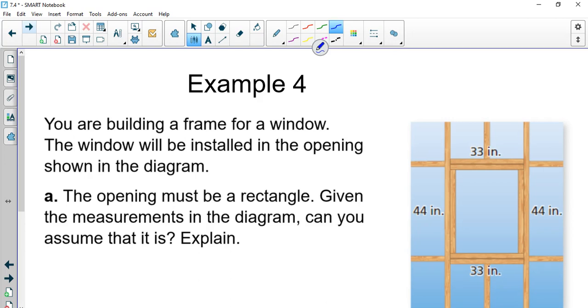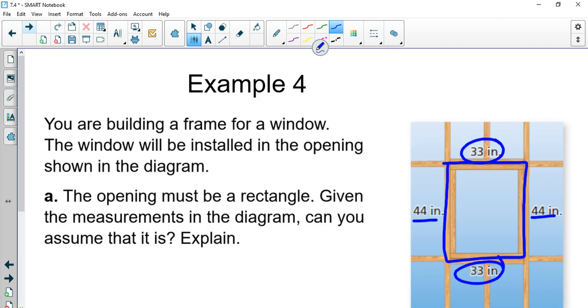You're building a window frame. Is this shape right here a rectangle? Well, let's see. It does have opposite sides equal, which is very important for a rectangle.